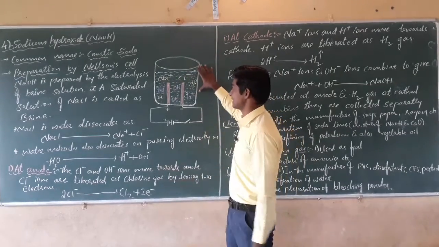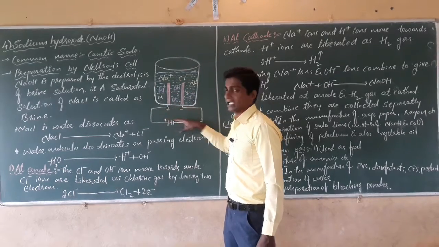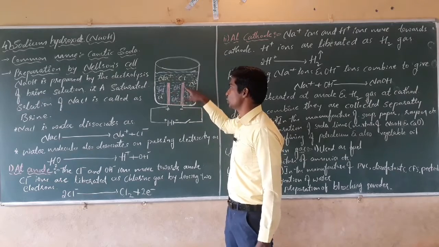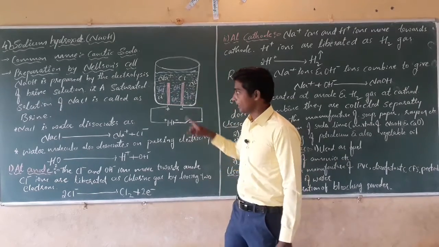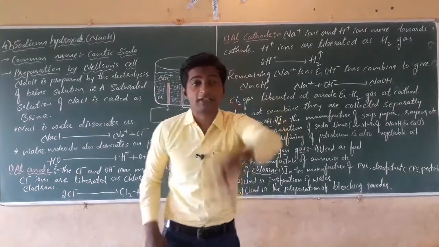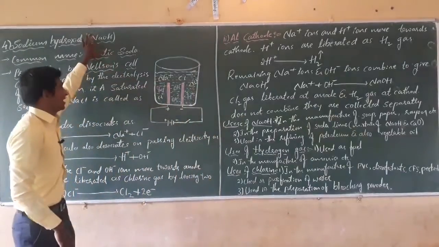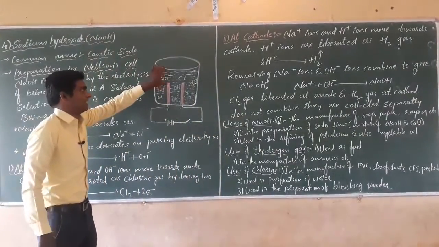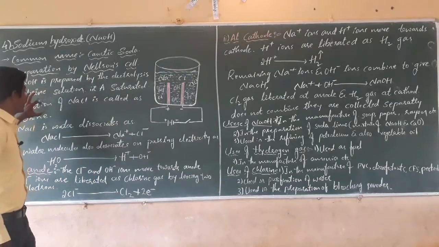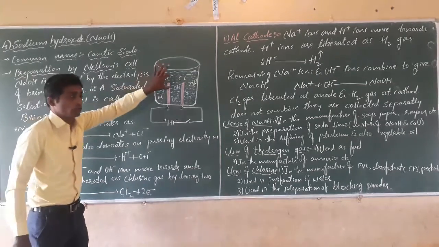The Nelson cell contains a beaker connected to electricity by suspending two electrodes, inside which we take the brine solution. Sodium hydroxide is prepared in the Nelson cell by taking the brine solution, the saturated solution of sodium chloride.